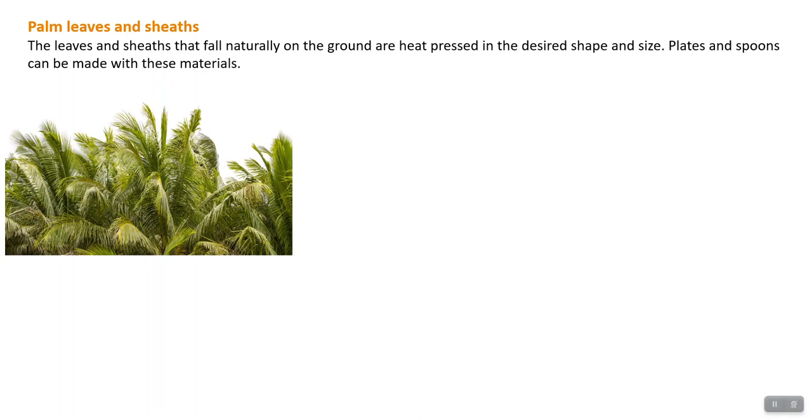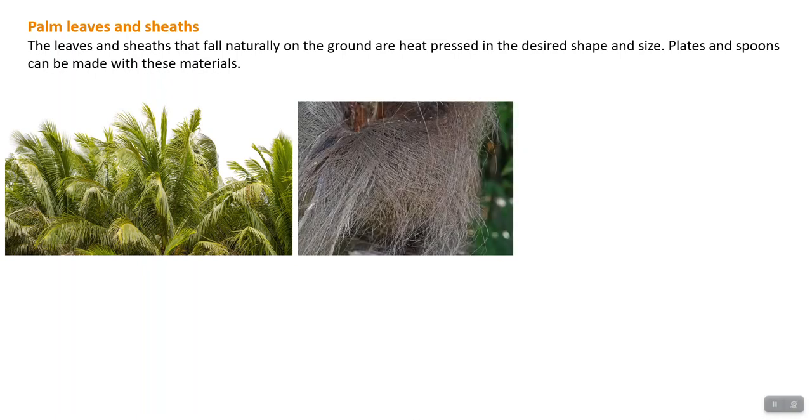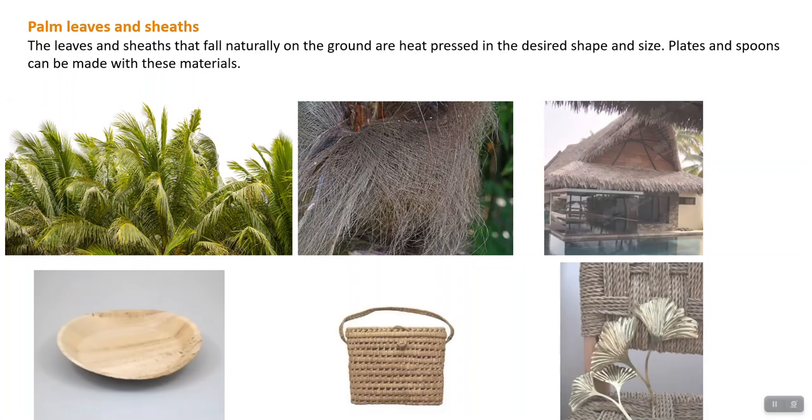We have plenty of palm trees in Mauritius. This is the sheath, we call it la paille, and we can make roof thatch, pressed plates, baskets, and even some chairs and other furniture by weaving with it.